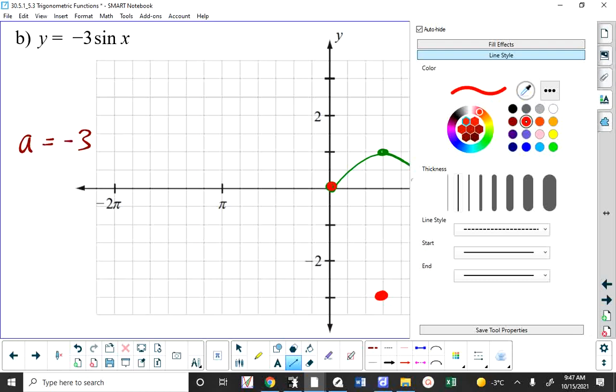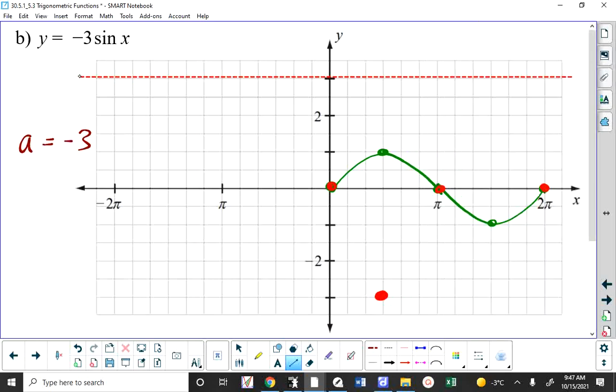If I stretch this vertically by a factor of 3, regardless of whether it's reflected or not, the fact of the matter is the maximum value of the function will be up here and the minimum value of the function will be down here. I mean, I flipped it over so the maxes become the mins, but those are kind of guidelines for me. And there's also a guideline in the middle. I didn't draw them exactly on the lines, but that's okay.